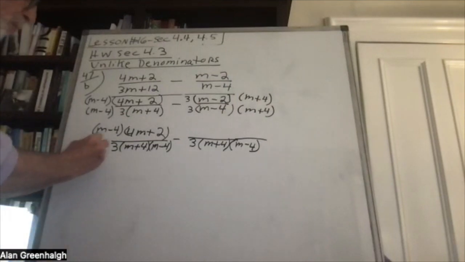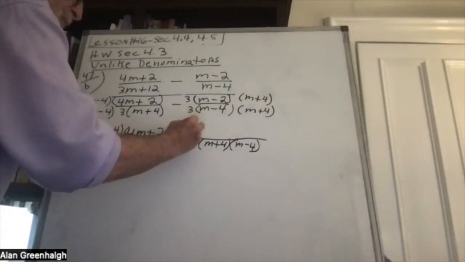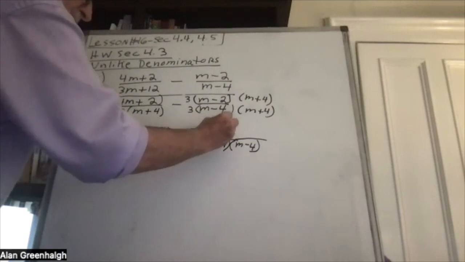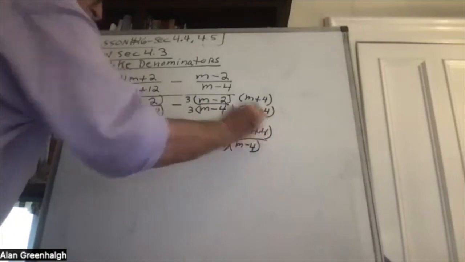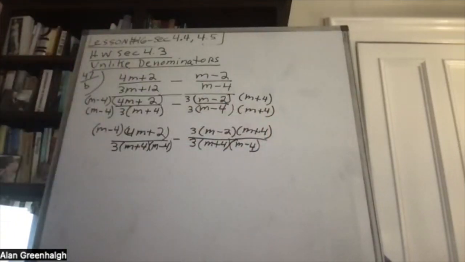And so this becomes 3 times m minus 2 times m plus 4. And now we're ready to go.